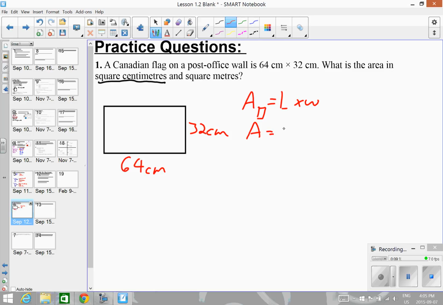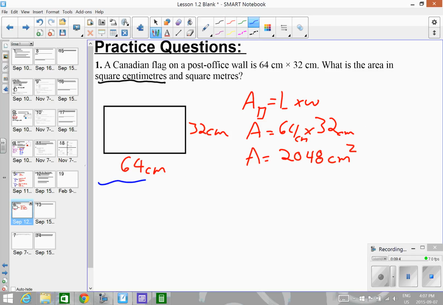My length was 64, and my width was 32. And when I multiply 64 times 32, my area will be 2,048. That is in centimeters squared. Now the reason we know it's in centimeters squared is because these two were in centimeters. All right, so part one of the question's done.